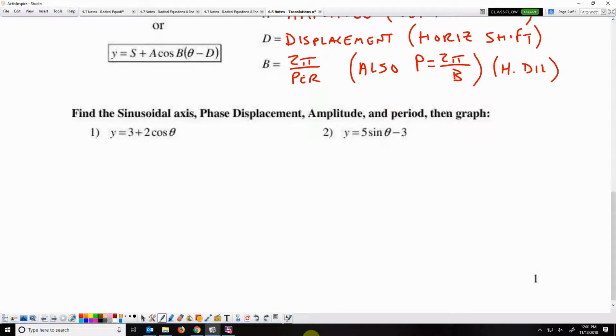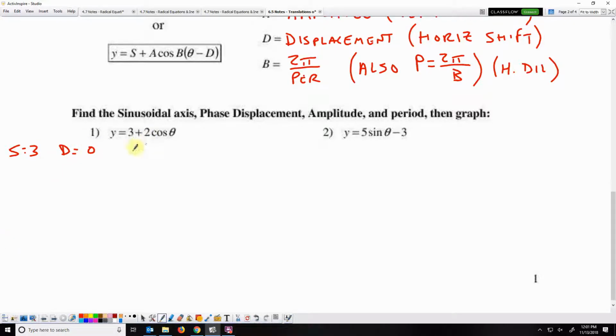Okay, so the sinusoidal axis comes from right here. That is our S. Our sinusoidal axis is 3. The displacement, there is nothing in here, in that spot. So there is no displacement, so the displacement is 0.